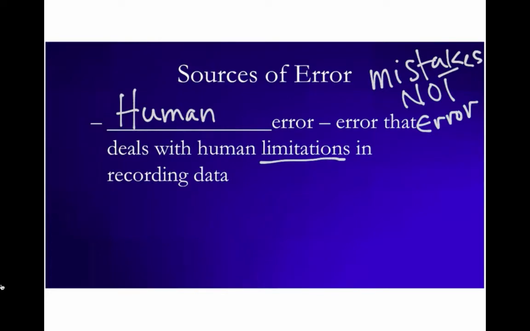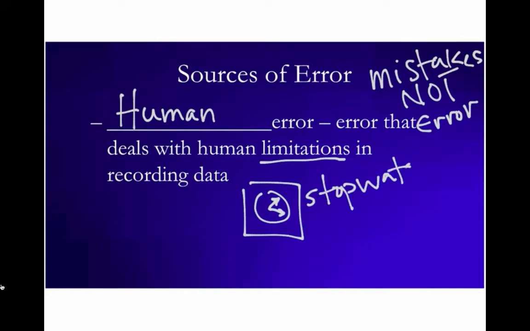robot in recording data. Like at the Olympic Games in Rio right now in 2016, they're using a stopwatch to time all of the events. Do you suppose it's this kind of a stopwatch? No way. They're using computerized stopwatches because when humans click the start button, we sometimes make mistakes, right?